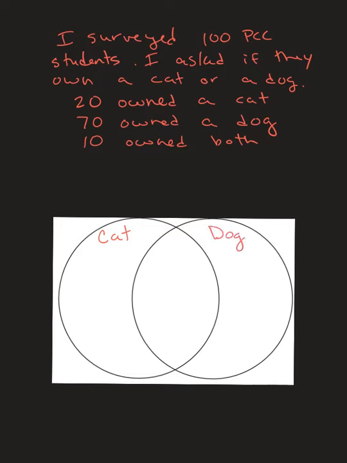Now when it says 20 owned a cat, what it means here is this entire circle should represent 20. But I can't just write the 20 somewhere in the circle because some of those people might have also owned a dog, because you can see how cat and dog overlap. Okay, so let me erase that.